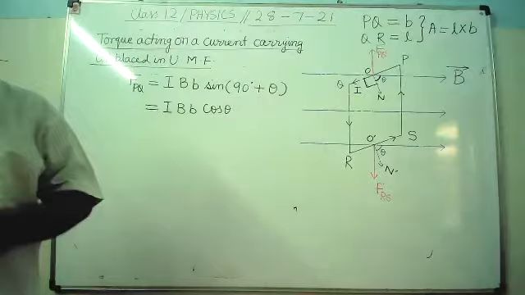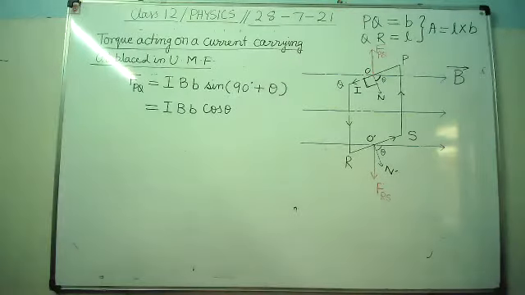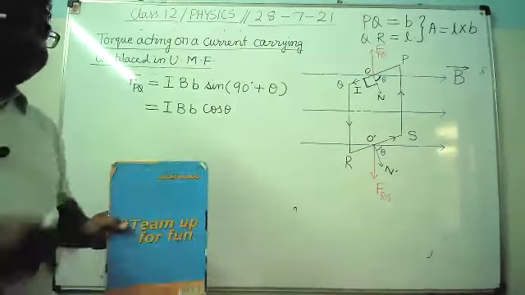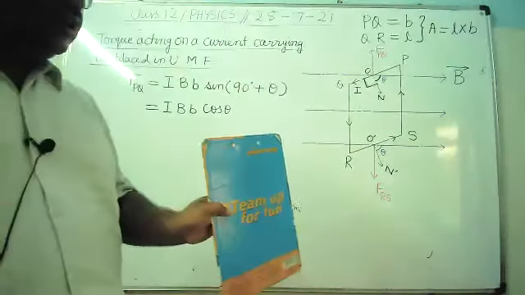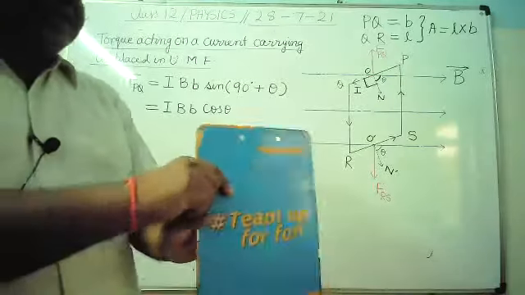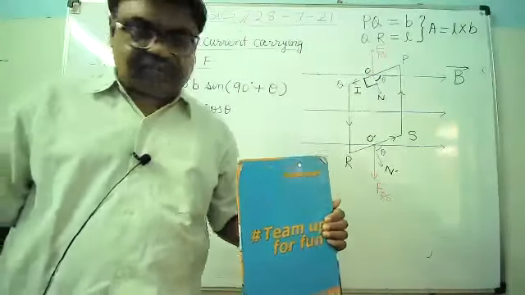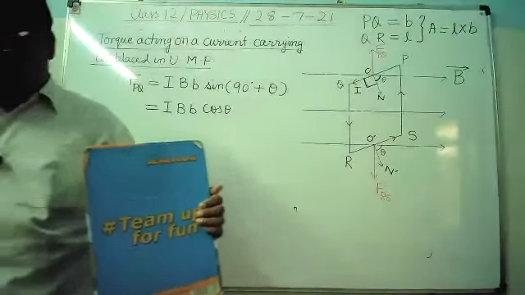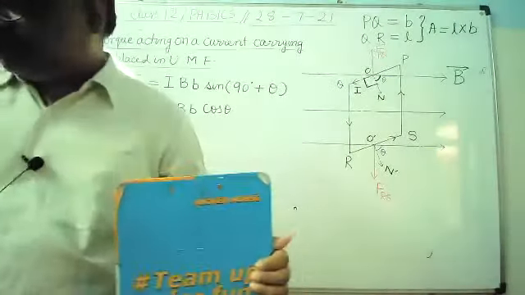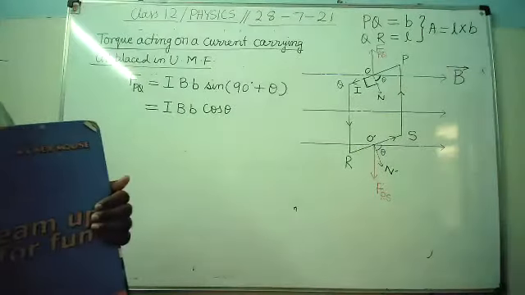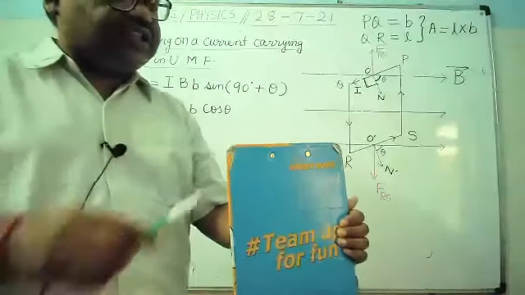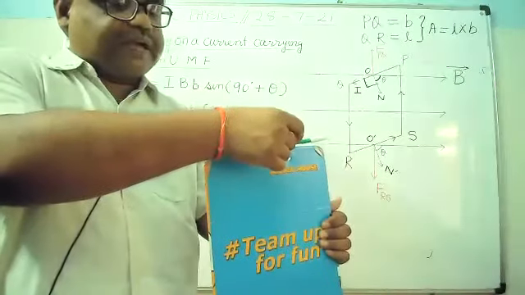Now see here, what will be the direction of the force? If you see here, this is the plane of the coil, and this is the magnetic field.